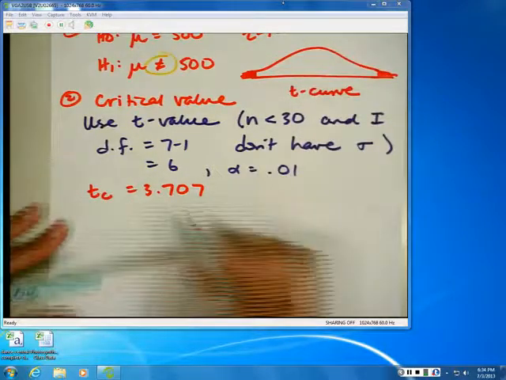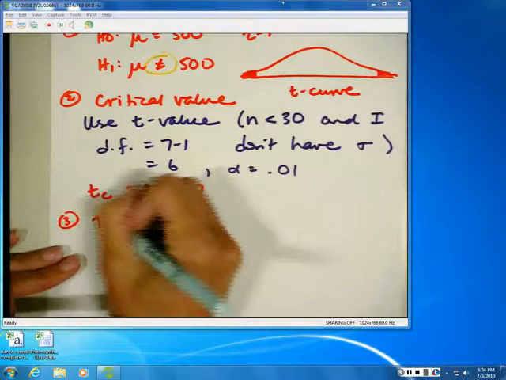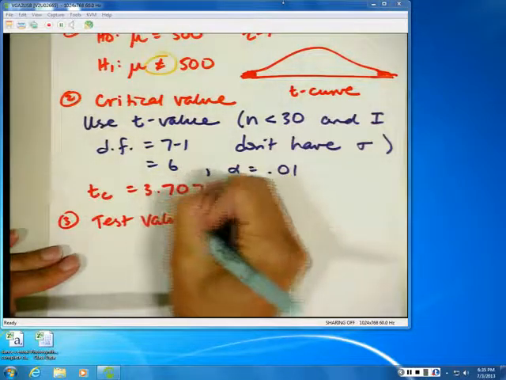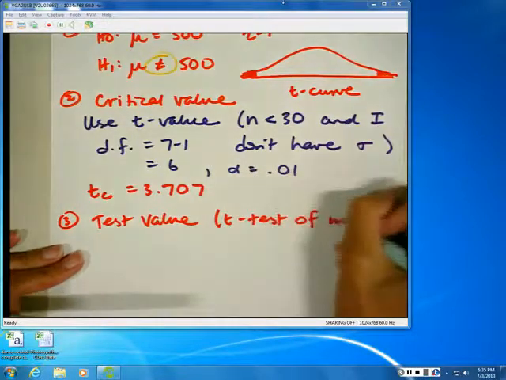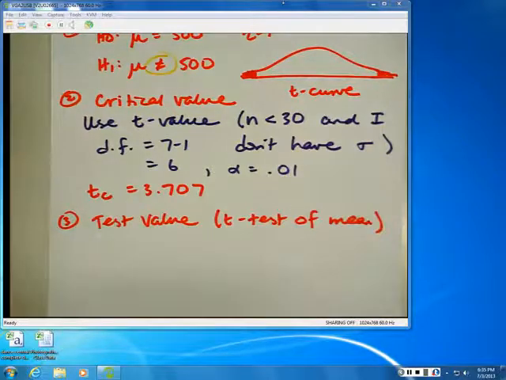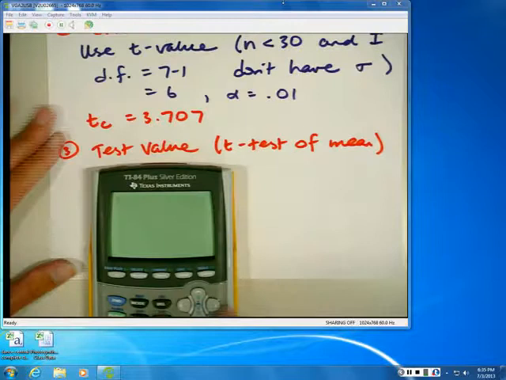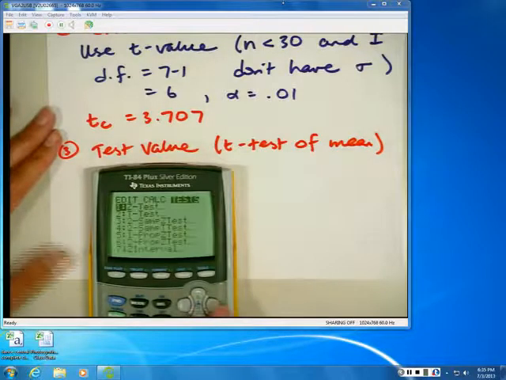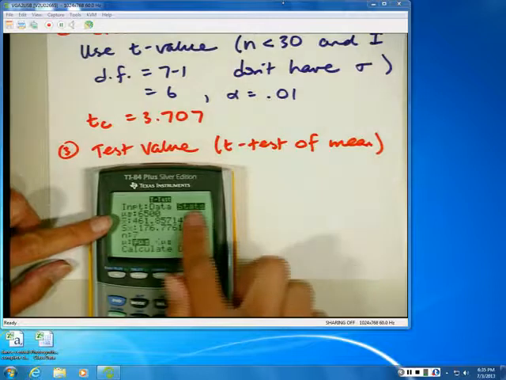Okay, so I've got my critical t-value, and then step number 3, I need my test value. I'm going to use the calculator, but I'm going to look for a t-test of the mean for the small sample size. So I put my data in this one. I'm going to go to stat, tests, t-test, enter. I don't have pre-computed stats.